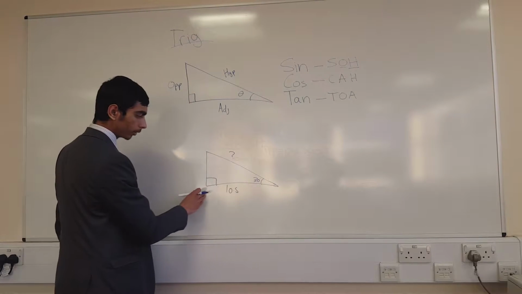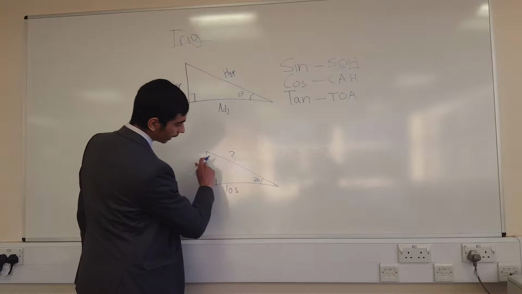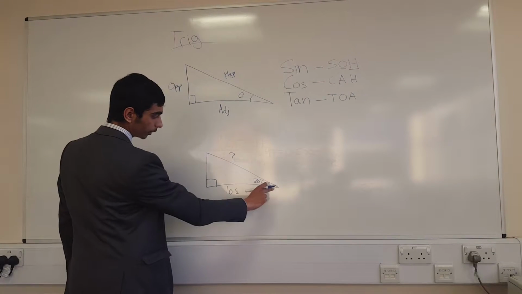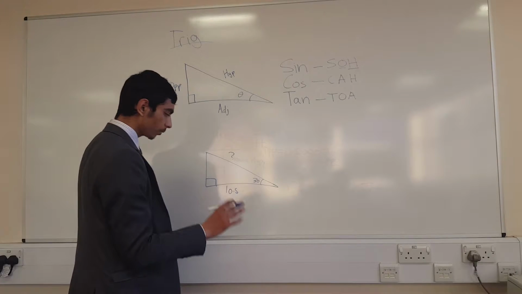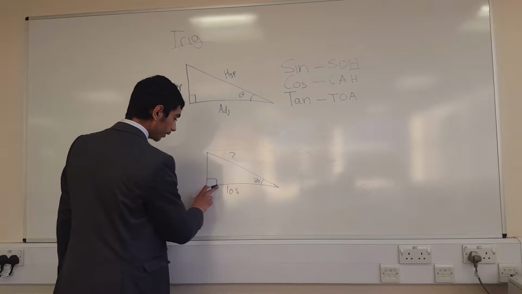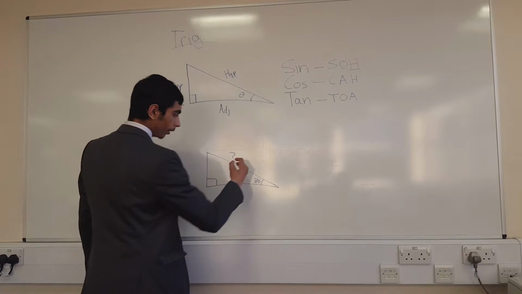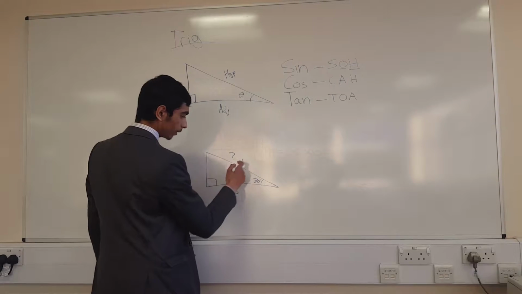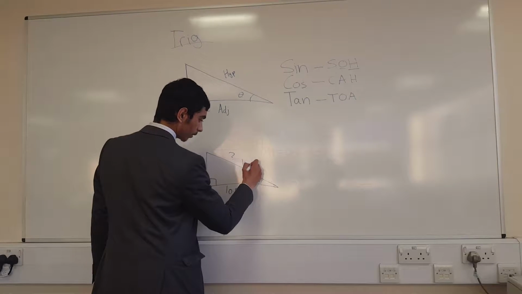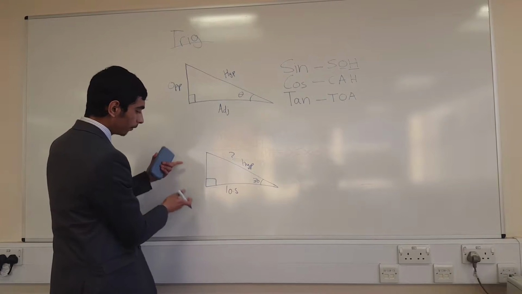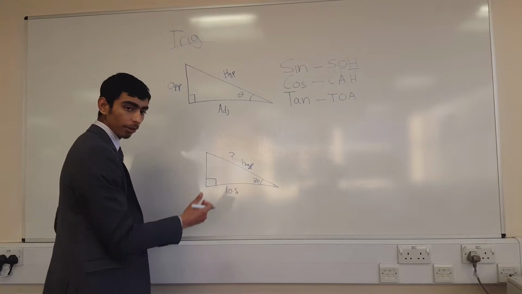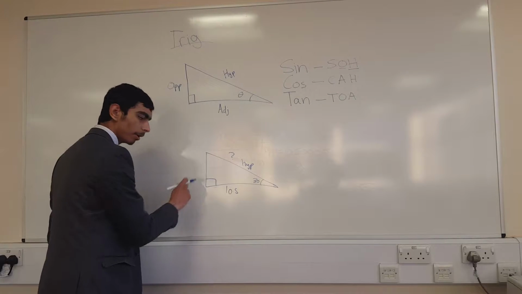Here we've got a right angle triangle and we want to find out the longest side of the triangle. This is called the hypotenuse. Again, the best way to go about this is to first label the triangle. So in this case, this would be hypotenuse, and this would be the opposite, but think about it, we haven't got any sort of information about the opposite, and we're not really that bothered about the opposite as well.